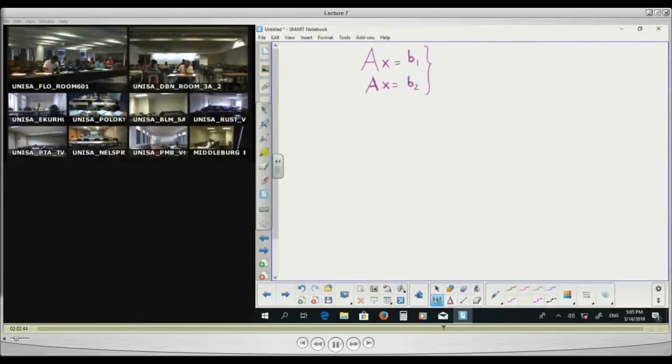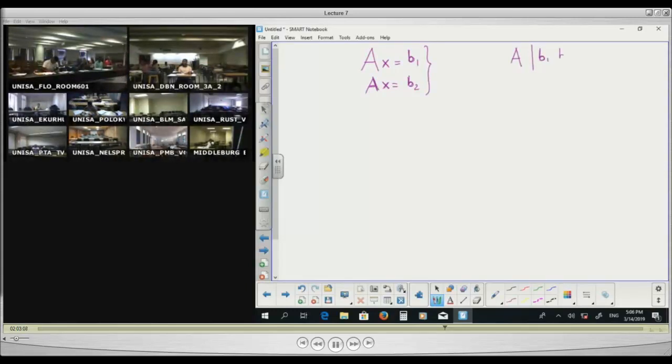Well, you do the Gauss-Jordan again, but this time you paste these two. The pasting, yes, you go on pasting.